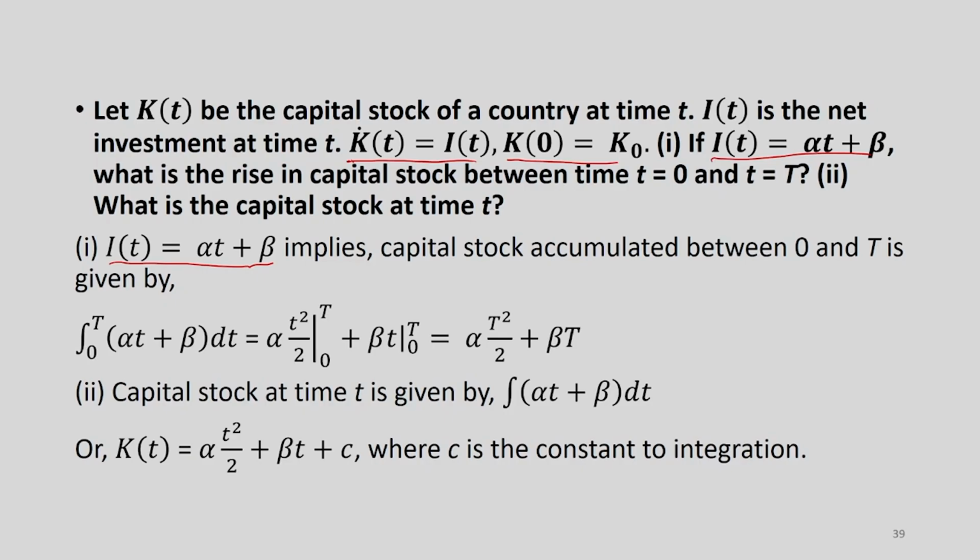Now, how much will be the rise of capital stock, the accumulation of capital stock, between two points, small t equal to 0 and small t equal to capital T? That is what we have to find out, and that is easily found out by applying the idea of the definite integral.